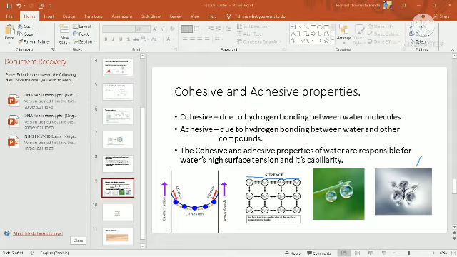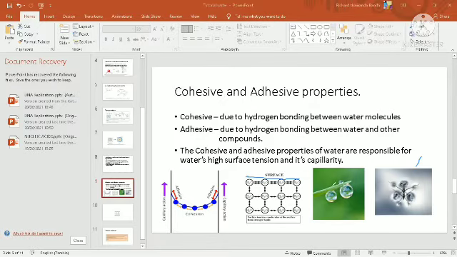This water strider is able to perfectly balance its body mass in such a way that it walks on water. This walking is due to the skin formed on the surface of the water due to this surface tension. And thus you have that water strider walking on the water.